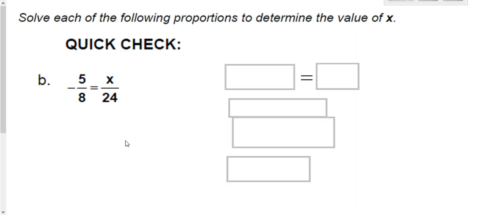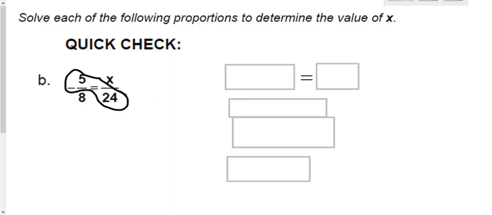So for a quick check, why don't you pause the video and see if you can do it, then turn it back on and check your answer. Hopefully you tried it on your own. That's the best practice. All right, I'll do it now too. Let's see my cross product. I'll associate the negative 5 with the top.